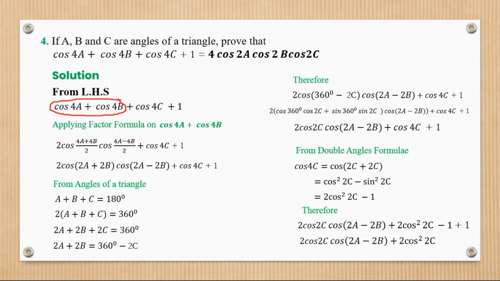And now this becomes simpler to work with because we can simply factorize out 2 cos 2c. When you factorize that out of the brackets, we remain with that. Okay, now this is a bracket there. Alright, so now we're going to convert this to have a 2a plus 2b inside.